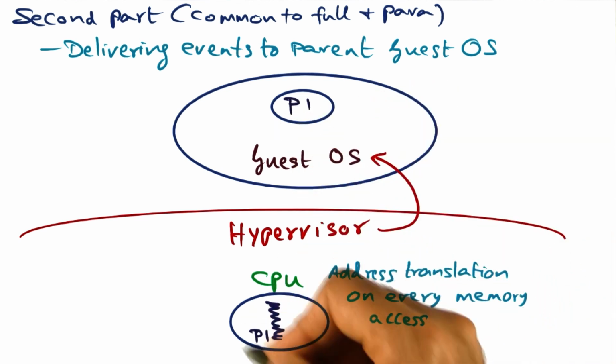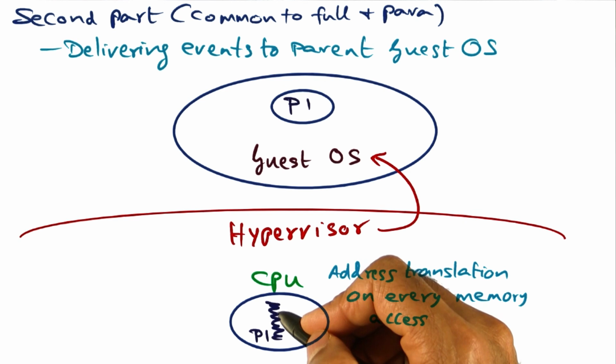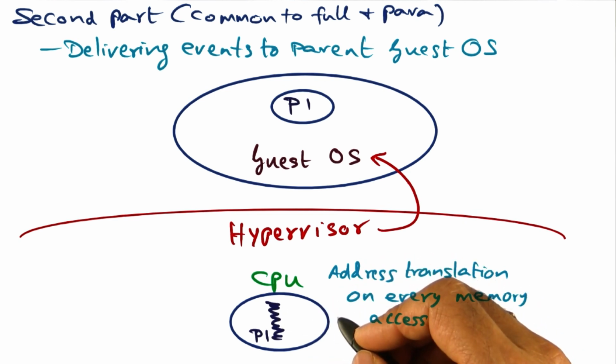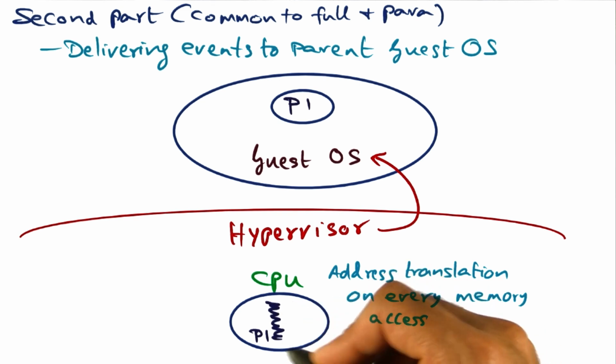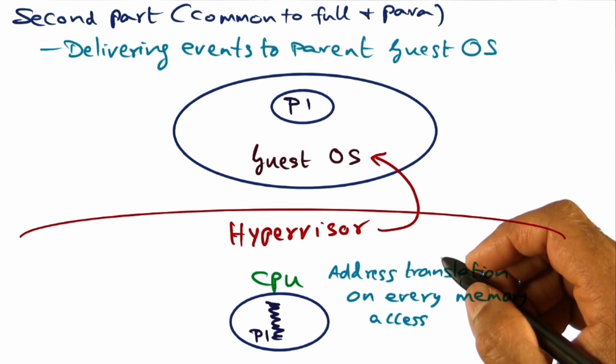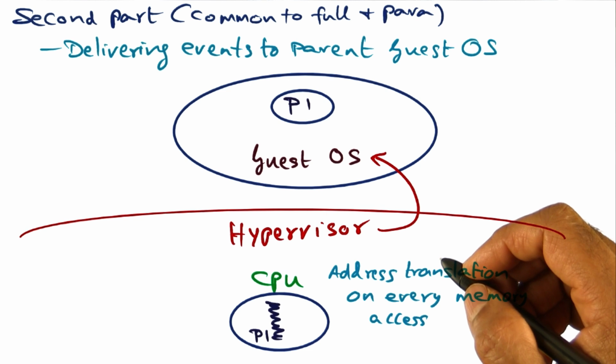Once this process has been scheduled on the CPU, during its normal program execution, everything should be happening at hardware speeds. What does that mean? Well, the process is going to generate virtual addresses that have to be translated to machine page addresses.